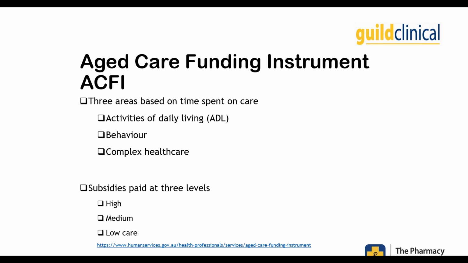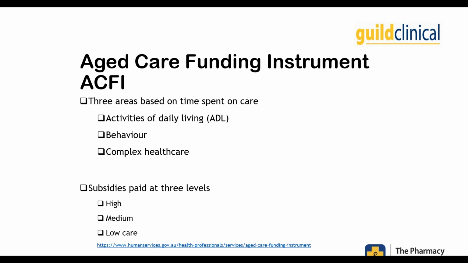So a little bit about the aged care funding instrument. It's the formula by which aged care facilities are remunerated for patient care. And there are 3 areas based on time spent on care. So there's activities of daily living, behaviour and complex health care. So activities of daily living would be dressing, bathing, feeding, just general things.